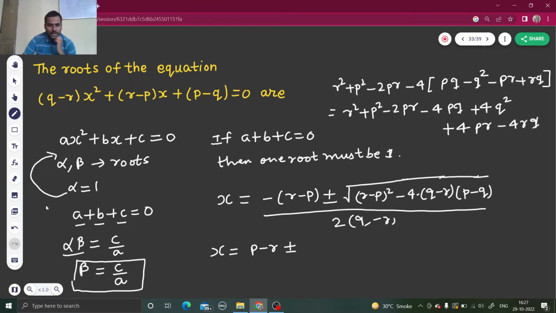Now, can you do any simplification here? If I go for simplification, r square, p square, pr, 4rq, 4pr, 4rq.